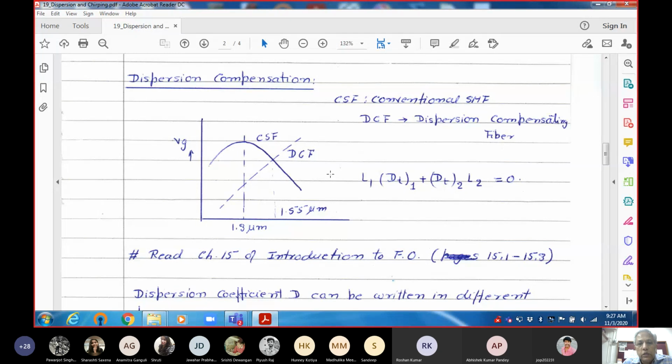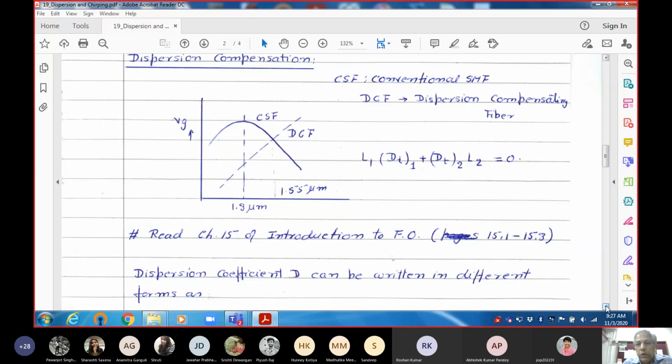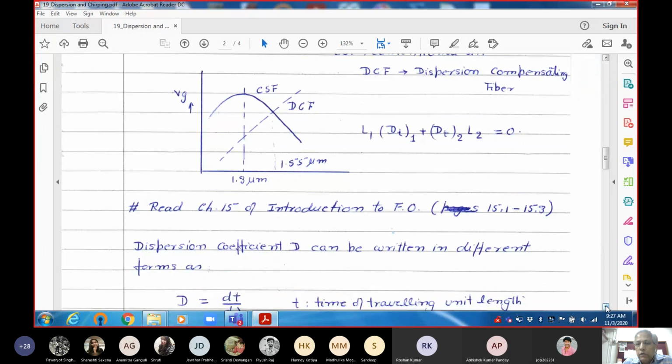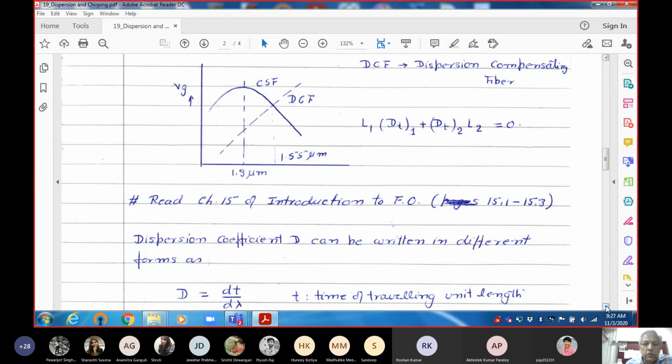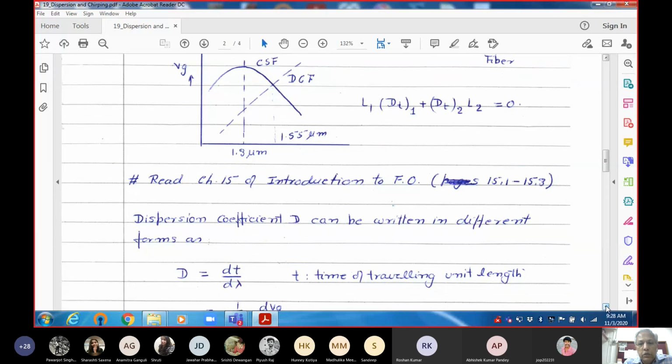Such fibers are known as dispersion compensating fibers, and there are various designs. A lot of research work was carried out in this direction on how to design a single mode fiber which has a very high negative dispersion coefficient. I am not discussing it right now.